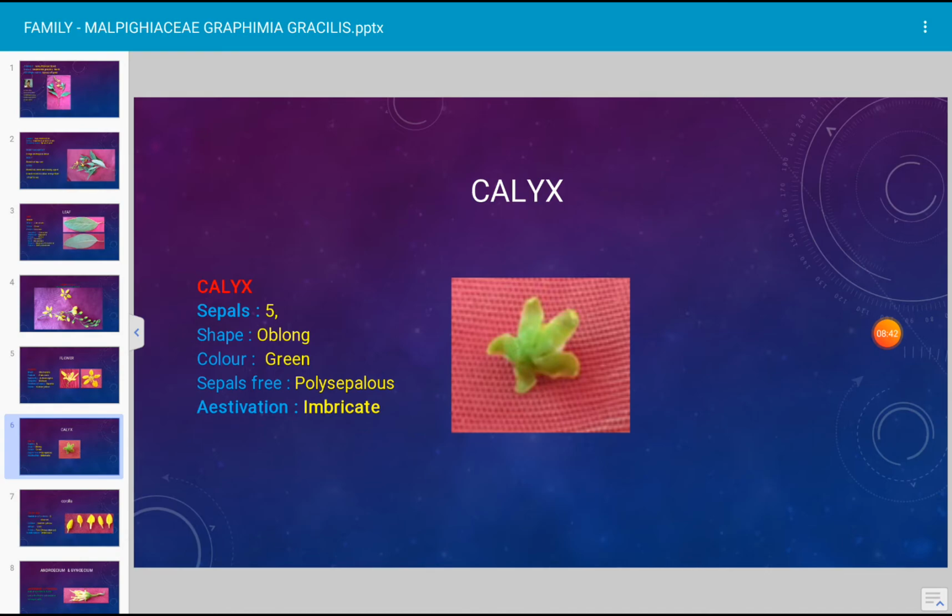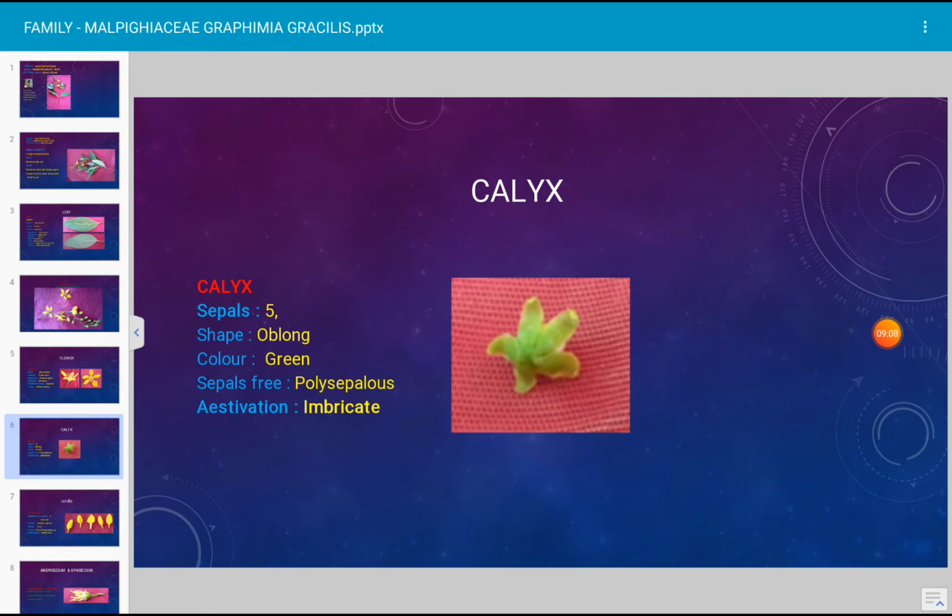What is imbricate aestivation? It is a type of twisted aestivation. The overlapping of petals is in the form of 1 plus 1 plus 3. If the petals are 5, then the arrangement of the petals may be 1 plus 1 plus 3 in manner. What is 1 plus 1 plus 3 manner of arrangement of the petals?